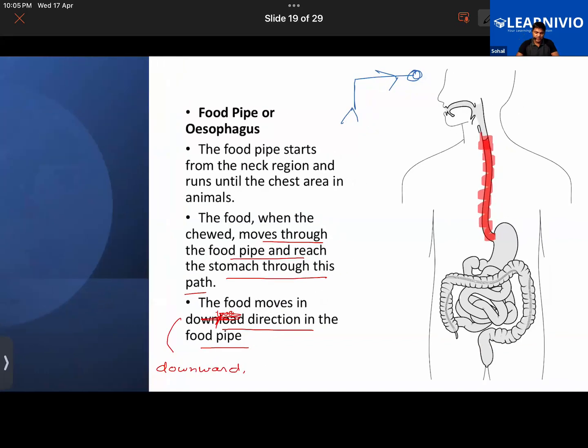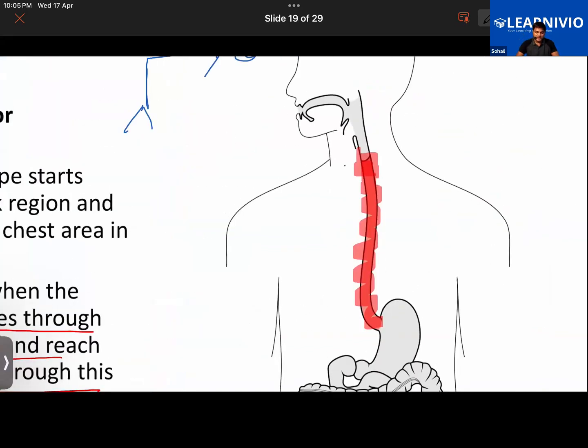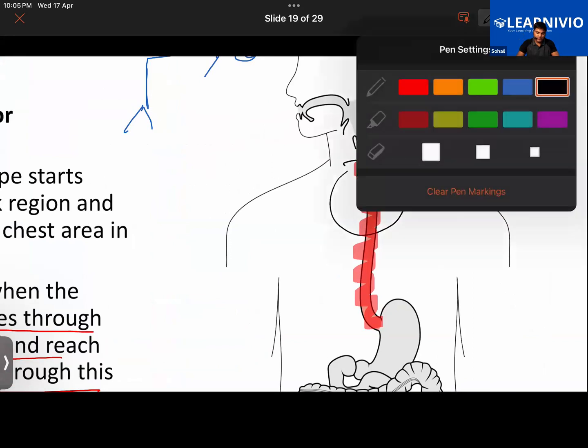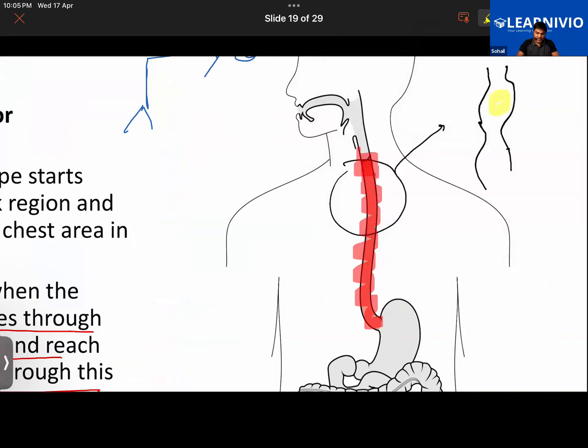Let me zoom in more clearly. Suppose I have taken this much portion here. Inside this you have a food particle, let's say. You can understand from here that this portion of the food pipe has contracted and this portion has relaxed.